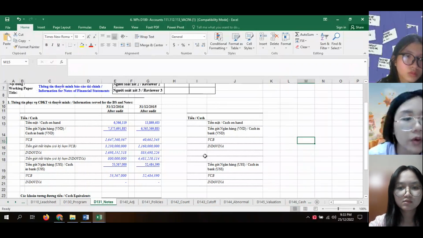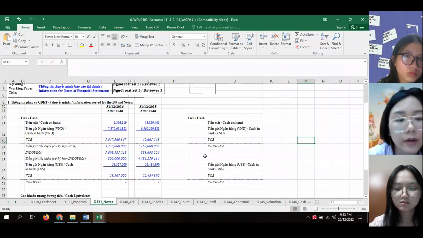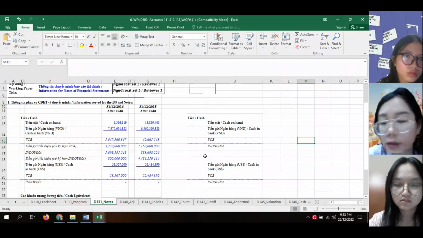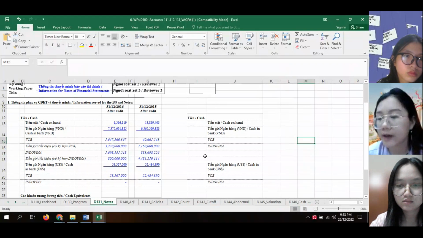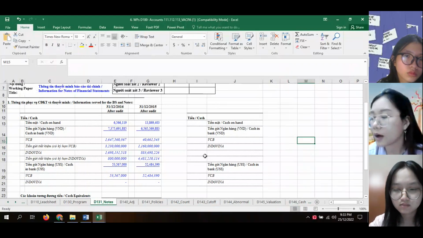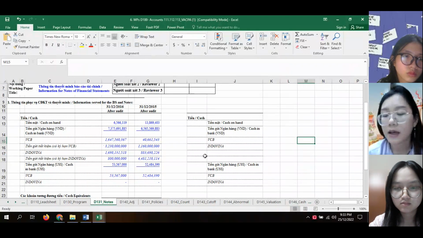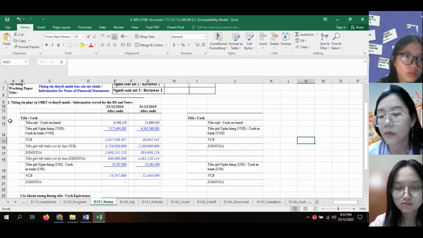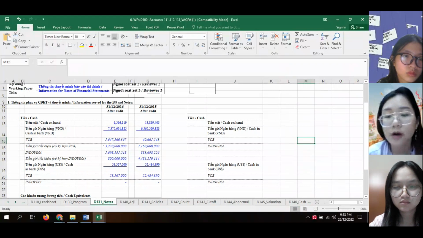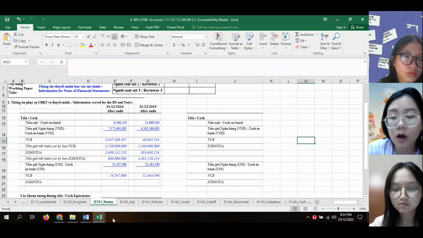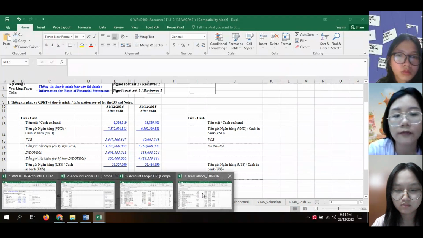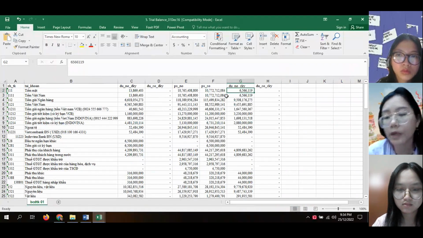So next we will prepare the information for the notes to the financial statements, because we think the main purpose of the audit is to issue financial statements with an audit opinion, so that the client can improve the operation.